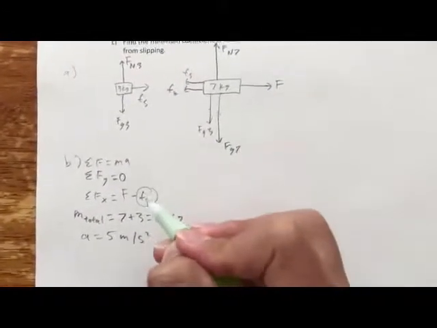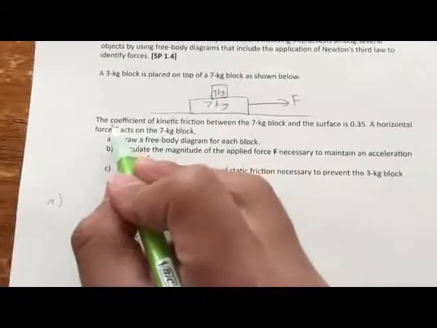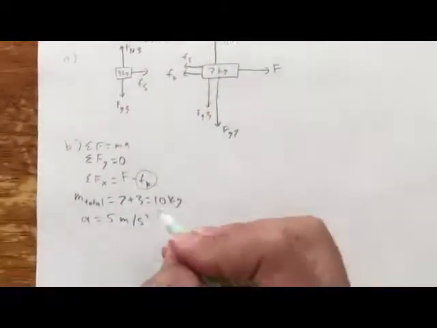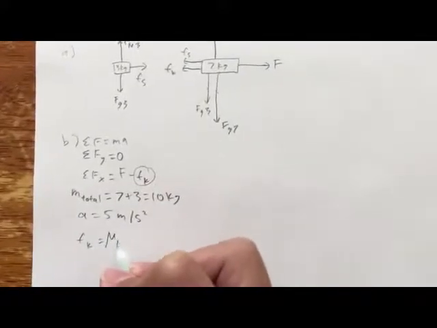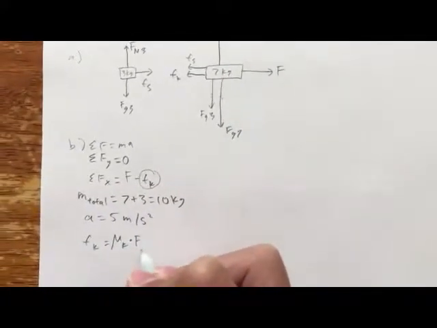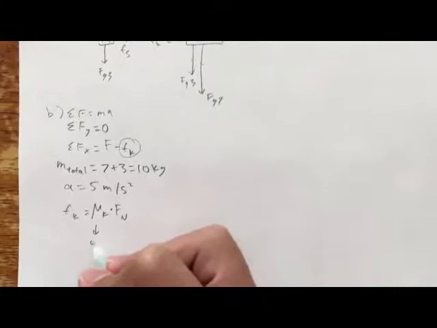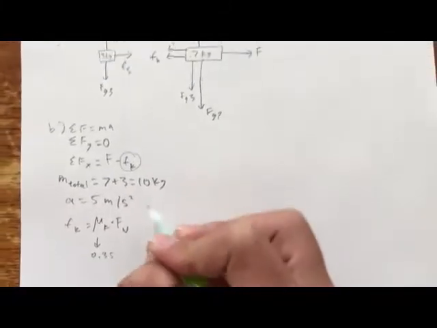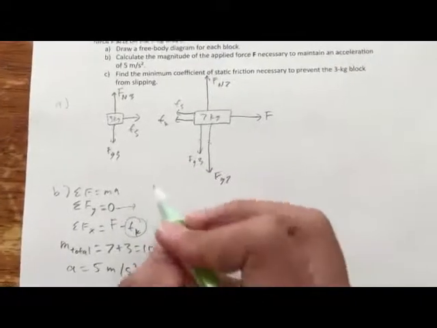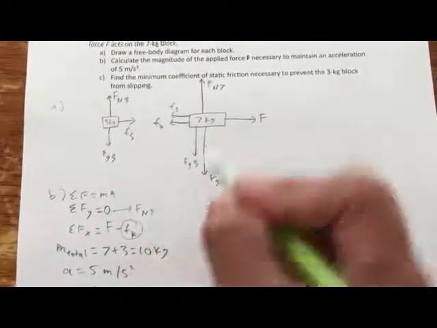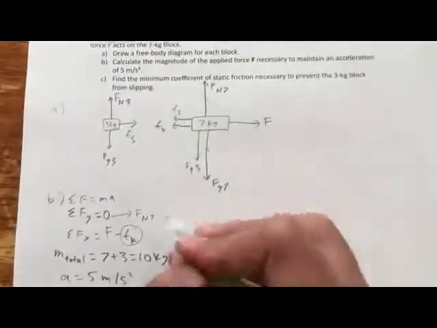And while we're not given this, we are given the coefficient of kinetic friction. You know that F_k is equal to mu_k times F_N. We're given that this is 0.35, and we know that F_N7 is equal to these two combined.